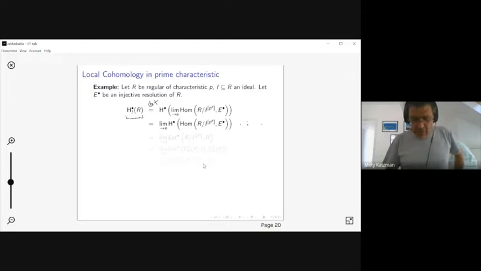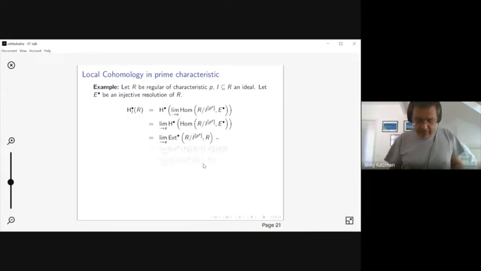So we're taking the cohomology of the result of applying Hom of R mod I to the Frobenius P to the E into this injective resolution, but that's computing for us an Ext. So what we're looking at is the direct limit of this Ext.